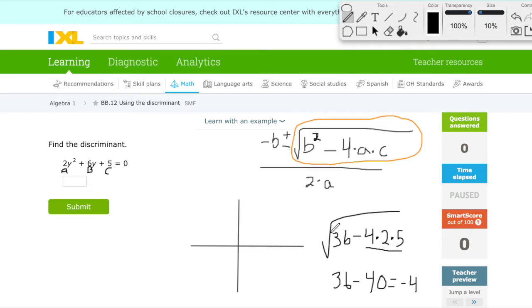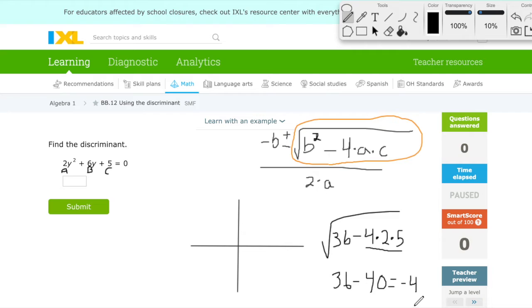Now, this is where the square root part of it comes in. A negative number, if we take the square root of that, we're not going to be able to get any value that we know how to work with right now. There's something called imaginary numbers, and we can get into complex numbers, but that's nothing that we've dealt with so far.